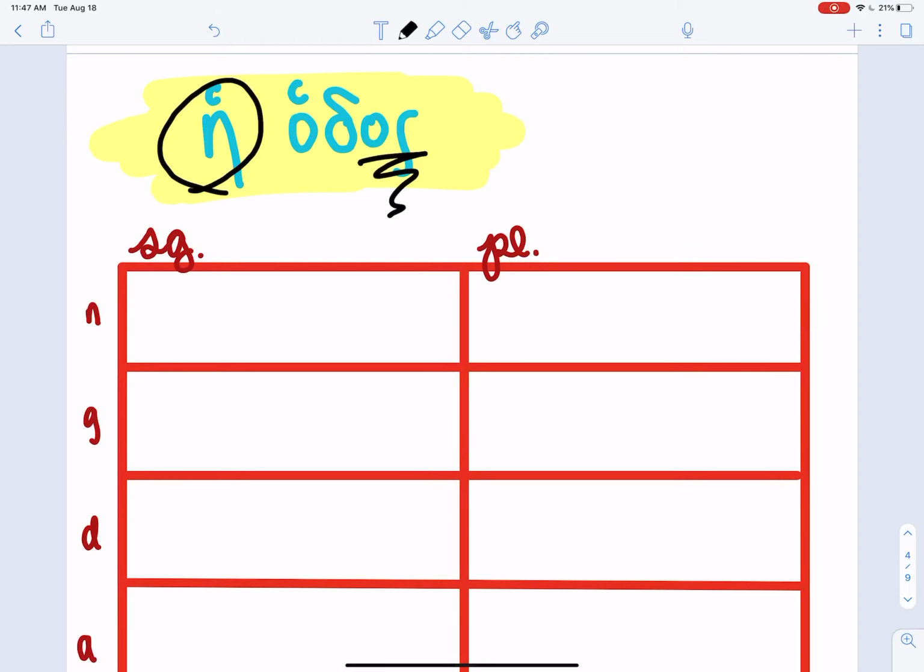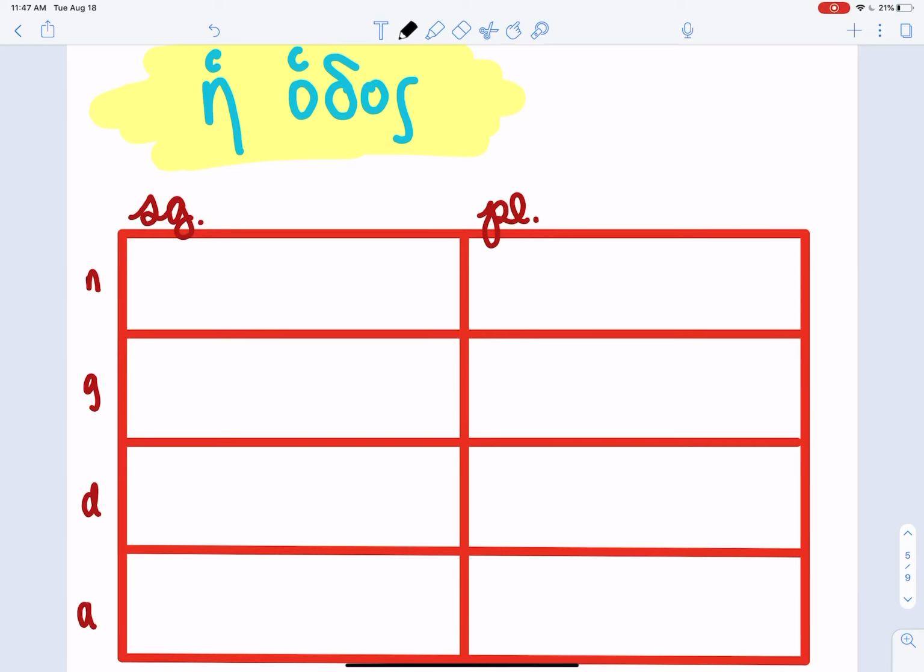And this is where we're starting to see the value in using these articles and why they matter and why we need to understand how they're used and what they can do to help us out. So the nominative singular is just hē hodos.